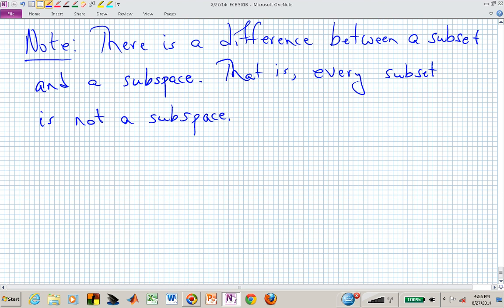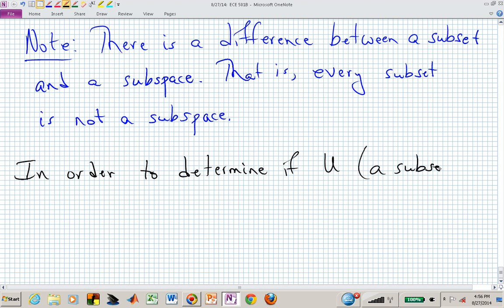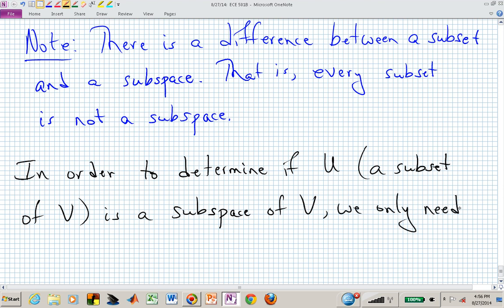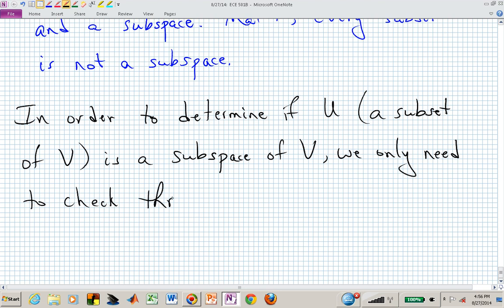So what we do have to do are three things to show that U is a subspace of V. In order to determine if U, which right now is simply a subset of V, is a subspace of V, we only need to check three properties.